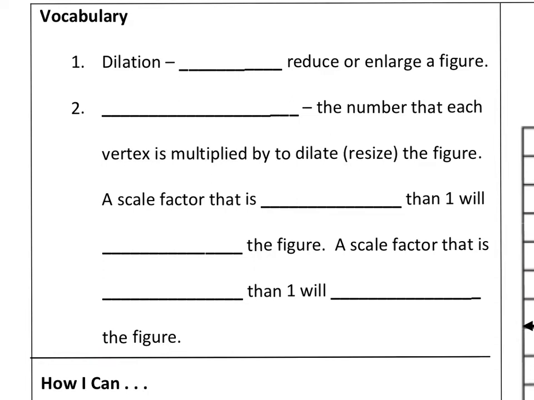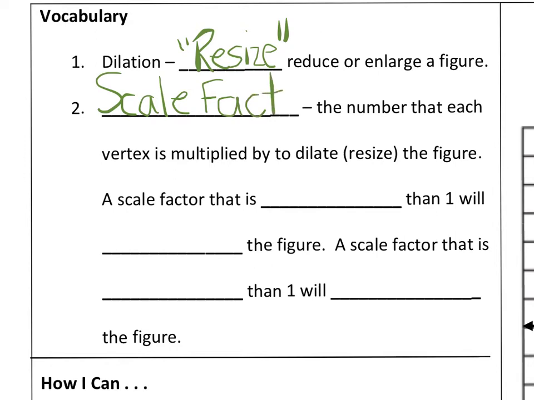So the definition of a dilation is to resize a figure or reduce it or enlarge it, make it smaller or bigger. And the other vocabulary word that you're going to need to know for dilations is scale factor. And that's the number that we're going to multiply each vertex by in order to resize or dilate the figure.